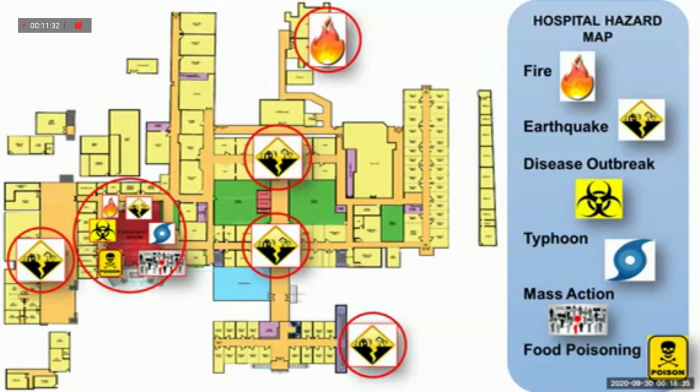For the ER, well, in the pre-COVID era, most of your hazards can happen, no? At the ER. Fire, earthquakes, you can receive casualties as victims of outbreaks, typhoons, mass actions, and even poisoning. So they are all or can happen at the emergency room.